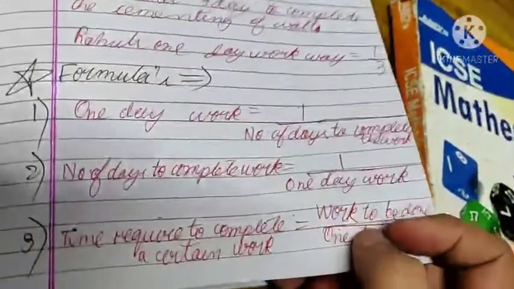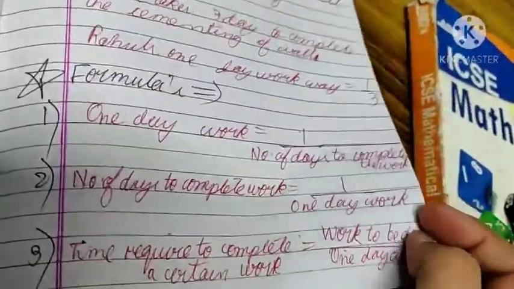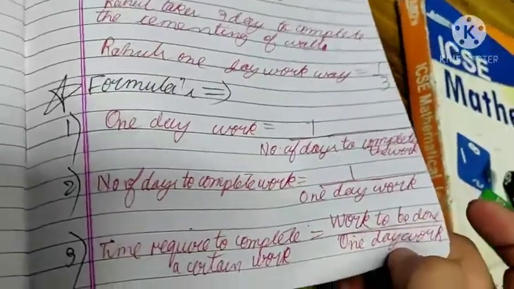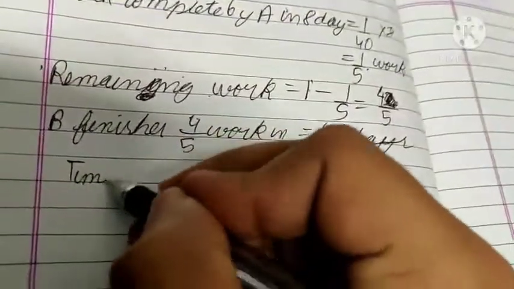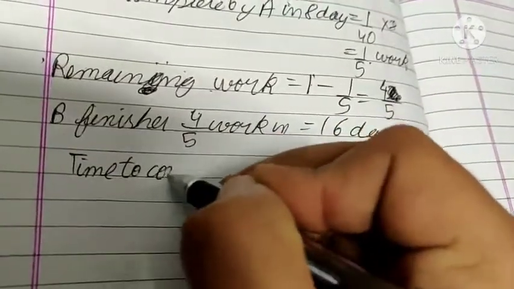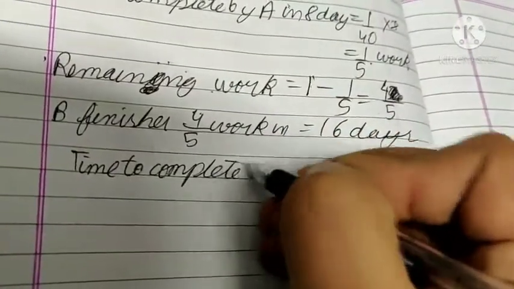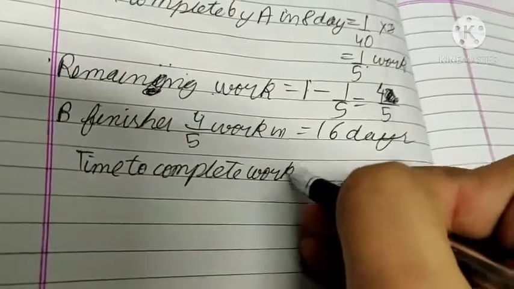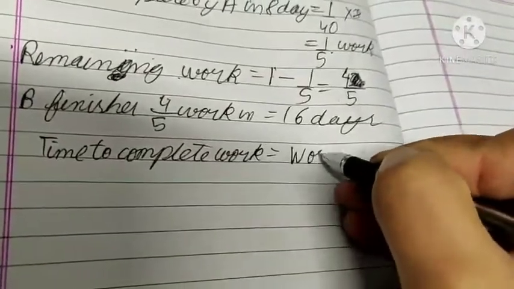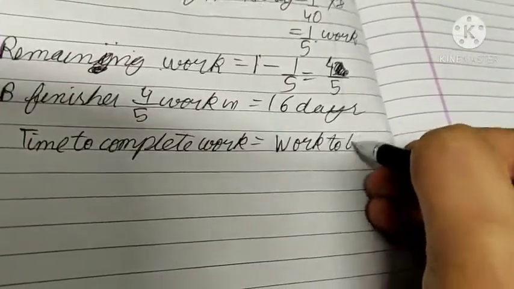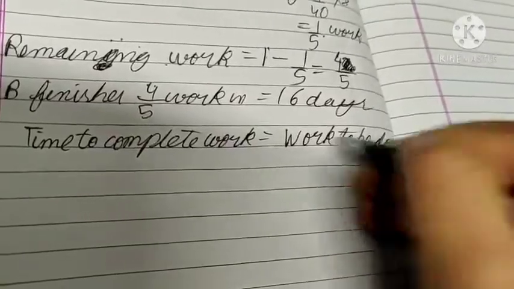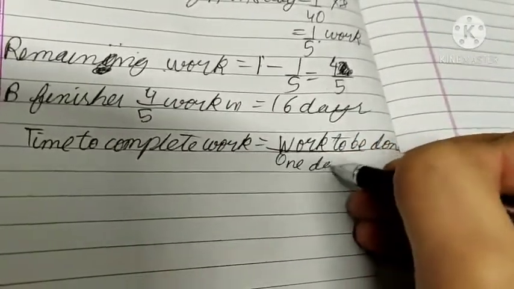So whenever, as per the formula, we are given the time required to complete the work and work to be done upon 1 day work, this is the formula. That is, time to complete work is equal to work to be done upon 1 day work.